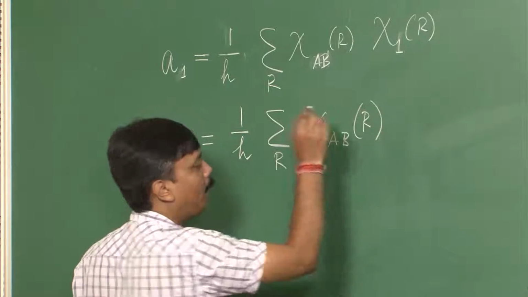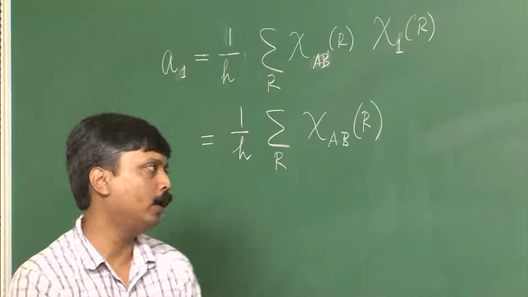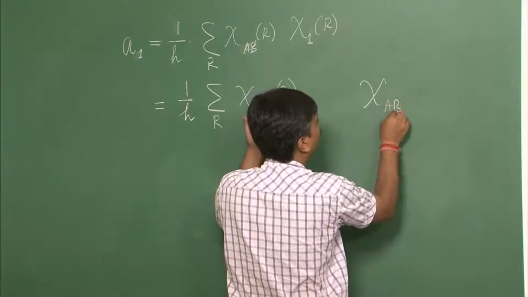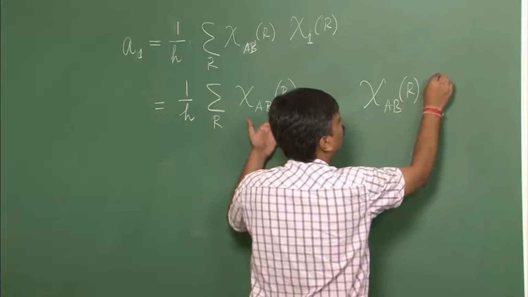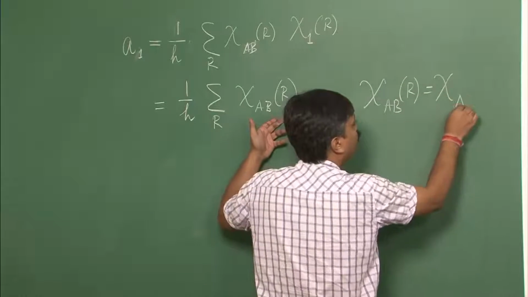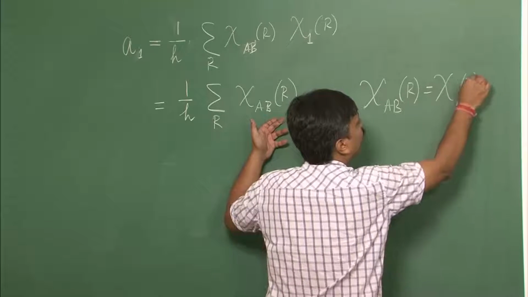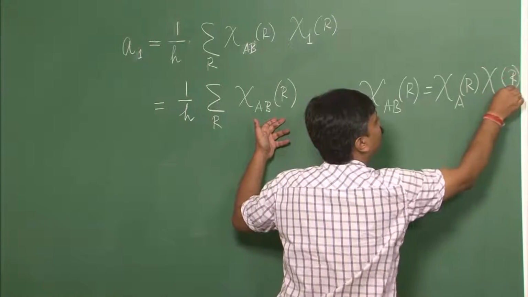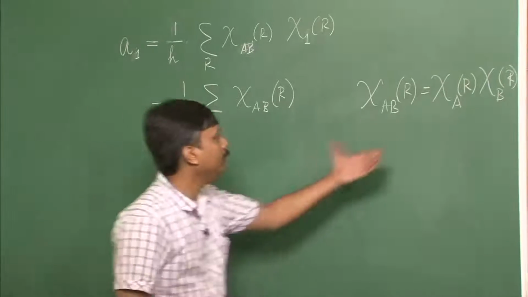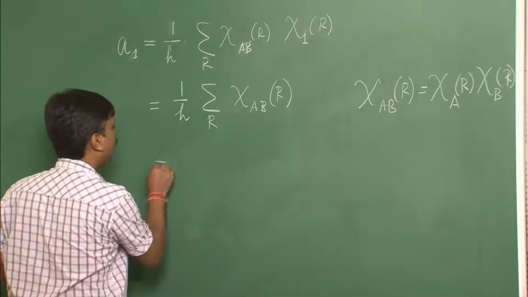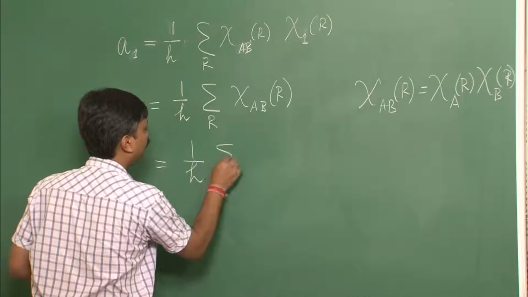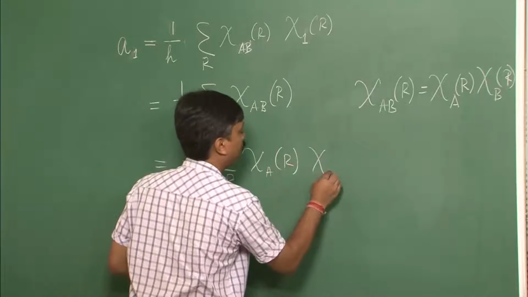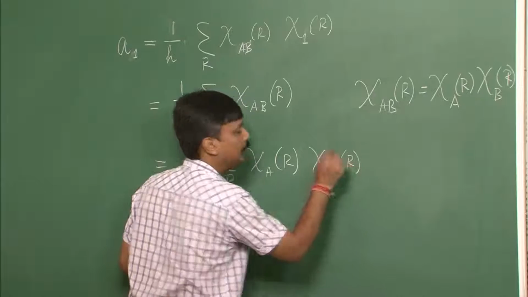of R. Now by definition of direct product, chi AB is equal to the product of the characters of representation A and representation B, correct? So if I replace that here, then what I get is this.